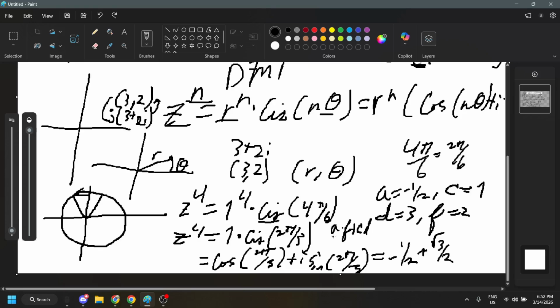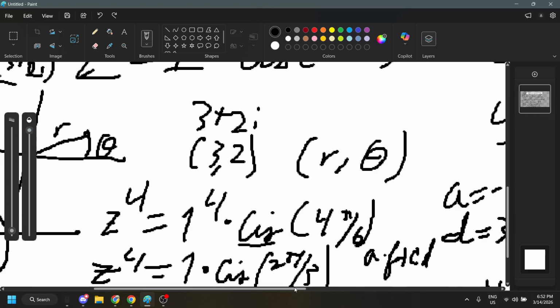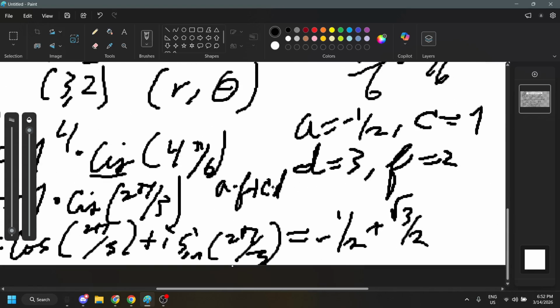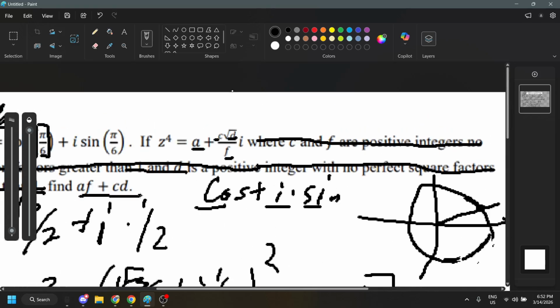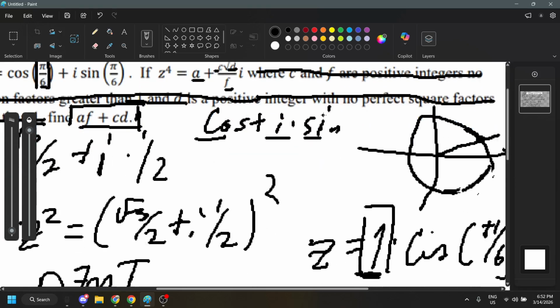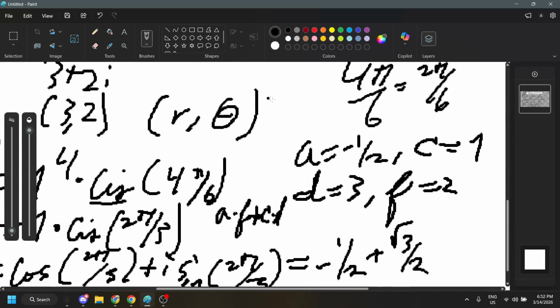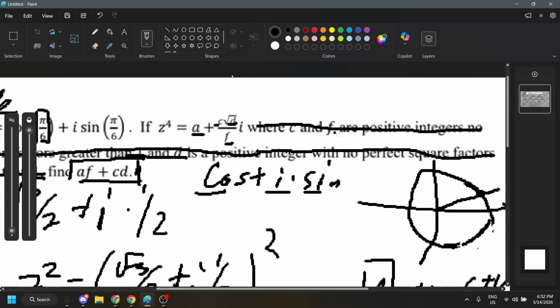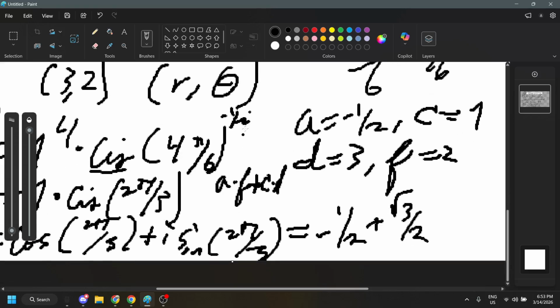A times F, plus C times D. It would be negative 1/2 times F, which is 2, plus 1 times 3, which is 2.